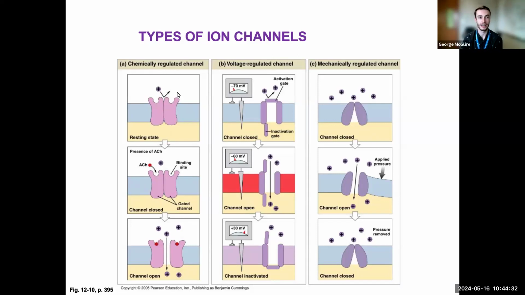The effect of that ion movement is then going to change the membrane potential, which could open or close different voltage regulated channels. So here we see an example of our sodium voltage regulated channels. At resting potential, the activation gate is closed, so sodium can't go through that channel.